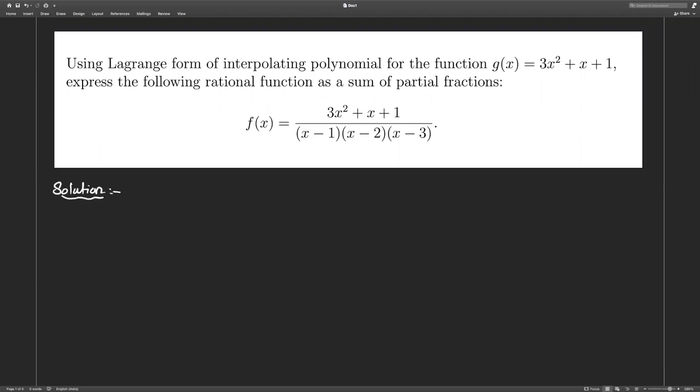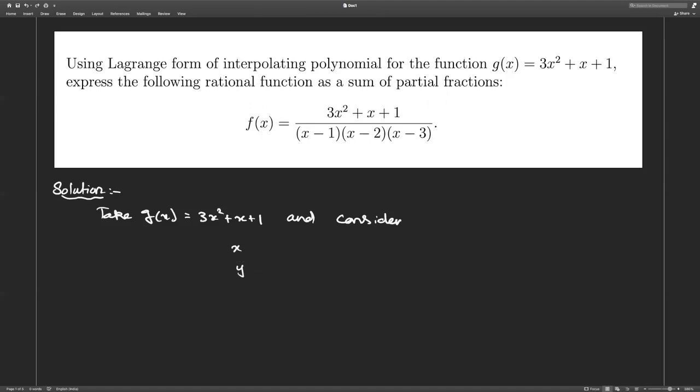The idea is to write g in the Lagrange form and then substitute it into the function f of x given above. Now, when we say that we want to write g of x, which is equal to 3x squared plus x plus 1, in the Lagrange form, first we have to know at what nodes we have to write this g in the Lagrange form, right? First of all, observe that g is a quadratic polynomial.